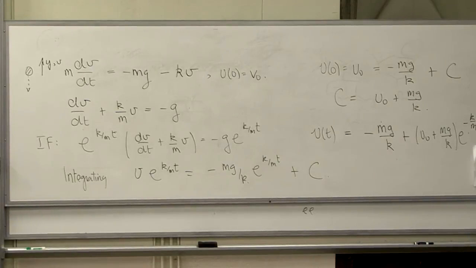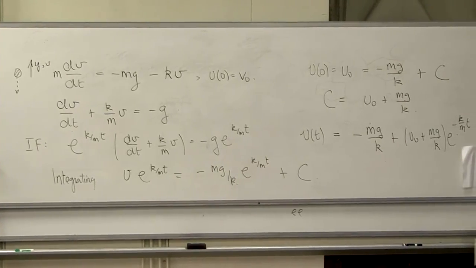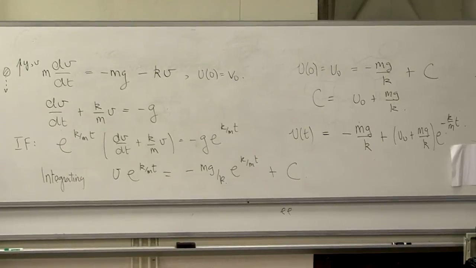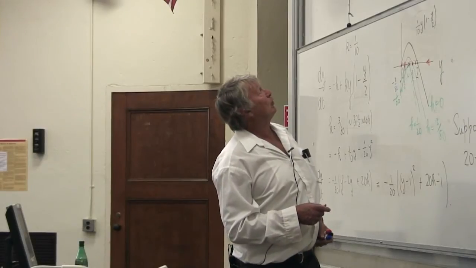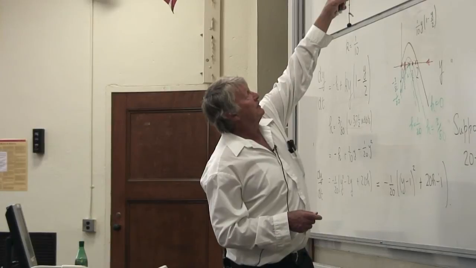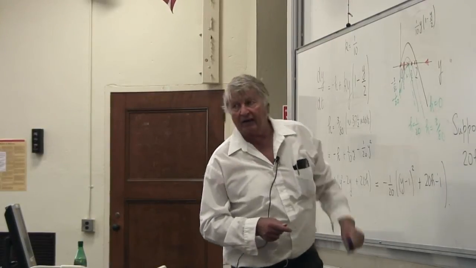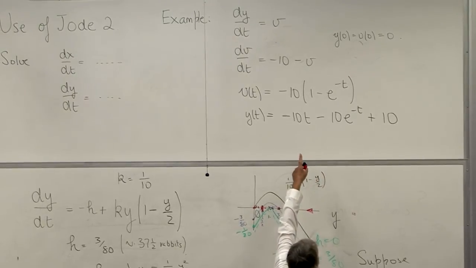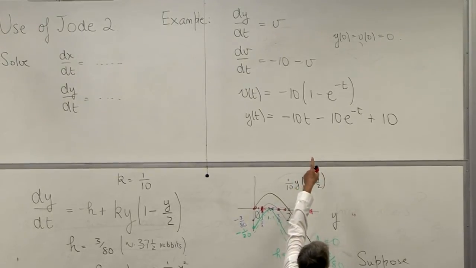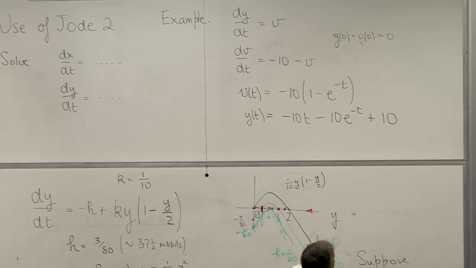Now let's take a look. In our case up here that we plotted using the computer, the solution is v of t equals minus mg over k. Well, we took g here to be 10, and k over m was 1. So this is minus 10, that's minus mg over k, plus 10e to the minus t.